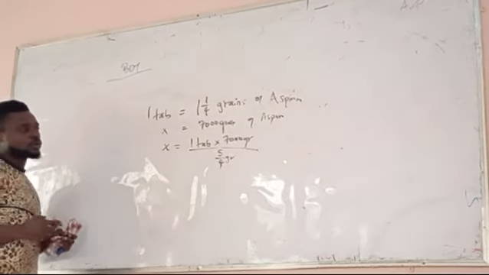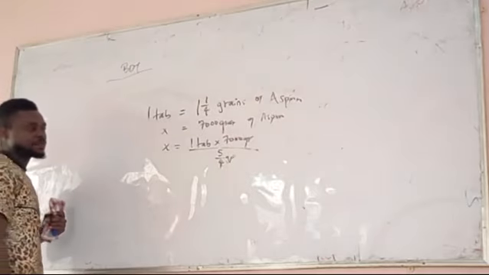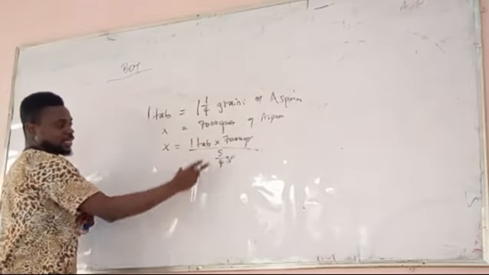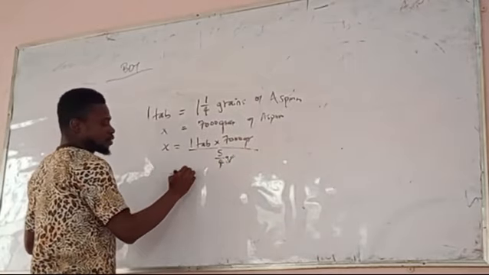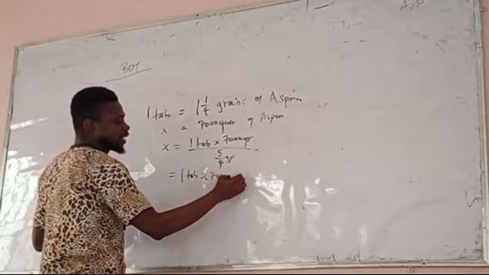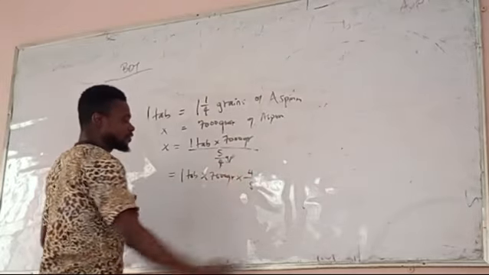Grain cancels grain. We are left with tablets, because we are looking for tablets. Remember the laws of fraction: to divide, this one comes up. So we have 1 tablet times 7,000 grains times 4 over 5. We are good to go.